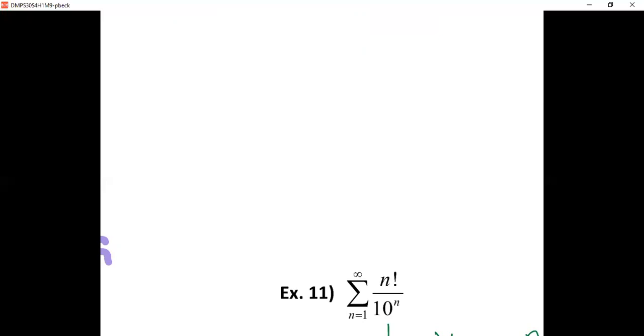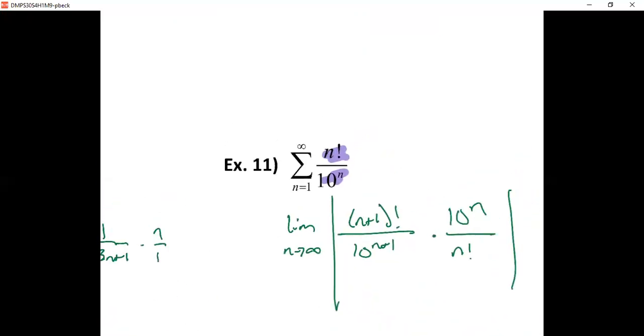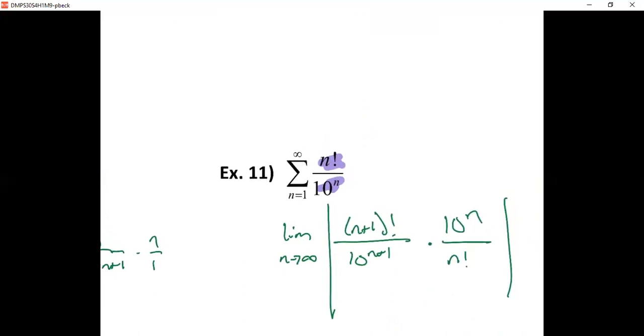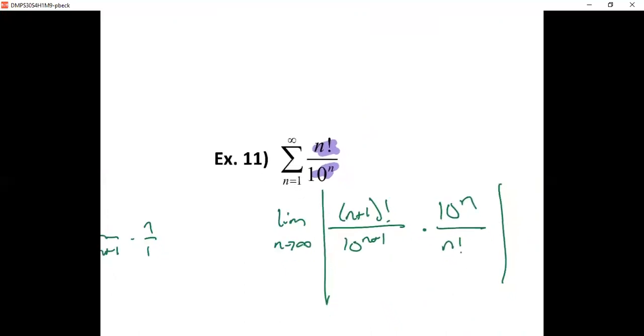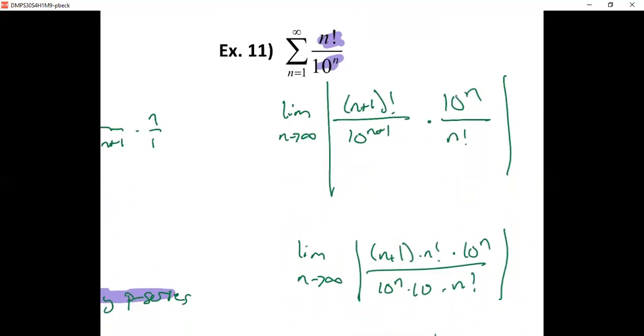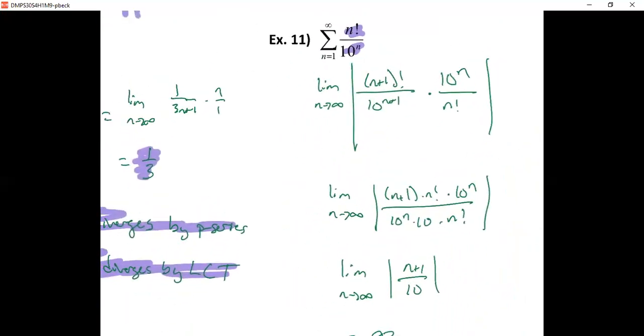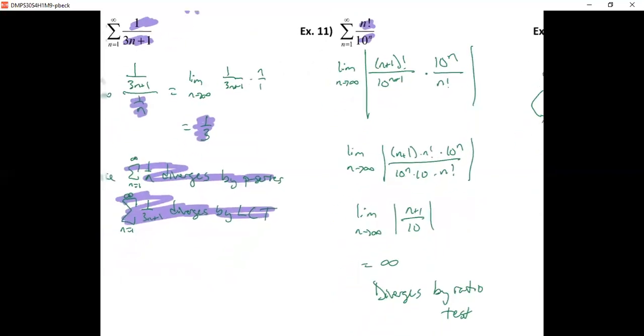The answer is factorial. So my numerator should be growing faster, so I'm expecting divergence. How do I prove that efficiently? Well, everybody, what's the derivative of a factorial? Yeah, we don't know that yet. So this is where I'm going to use the ratio test. You can see the work that I did on the ratio test here. Since that limit is infinity, we do have the divergence that I mentioned.